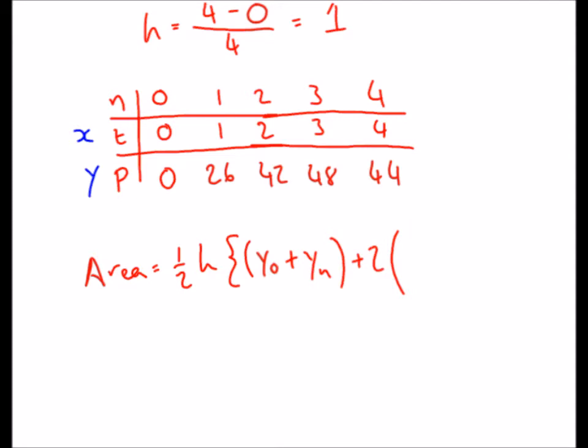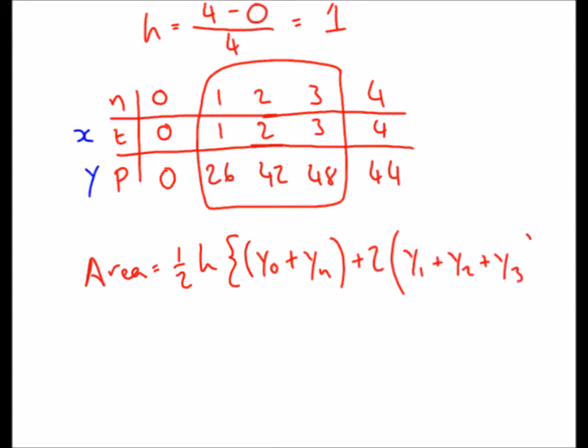Well, these are going to be my middle terms, y1, y2 and y3. And then I close with my curly brackets. So you can see here, it's nice and clear to see where my brackets open and close because they're curly. That's the only reason we use them. On your calculator, you're just going to use round brackets.